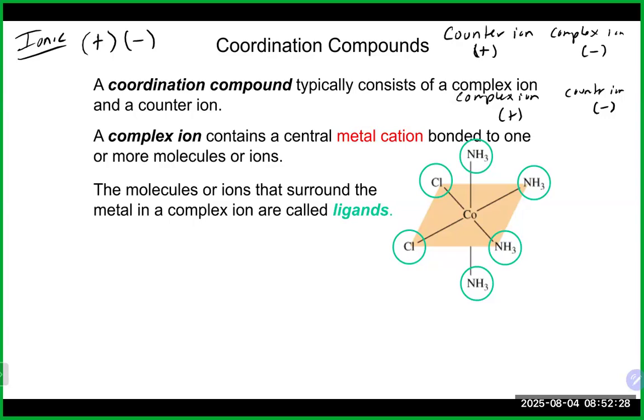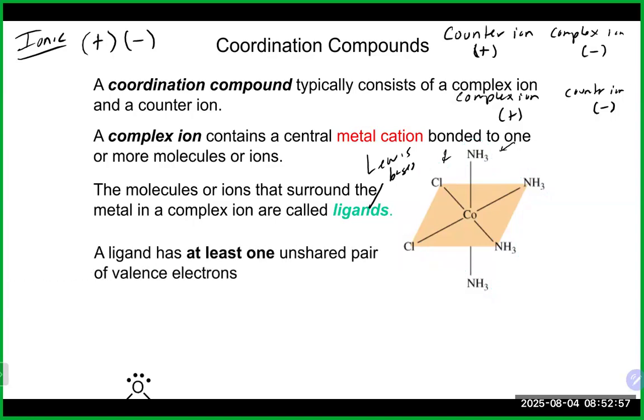Now, a complex ion is an ion that has a metal in the middle, and as I mentioned before, typically it is a transition metal in the middle, bonded to one or more molecules or ions. Those molecules or ions are ligands, and those are Lewis bases, as we've been talking about. So here, chloride and ammonia are some good Lewis bases.